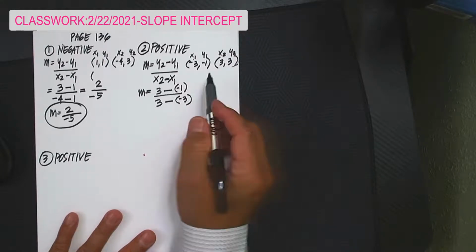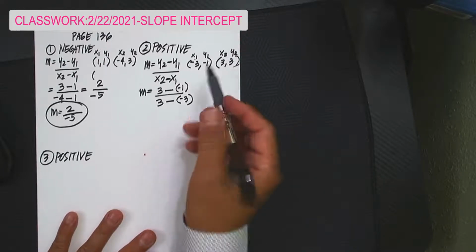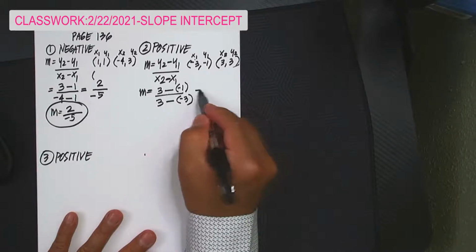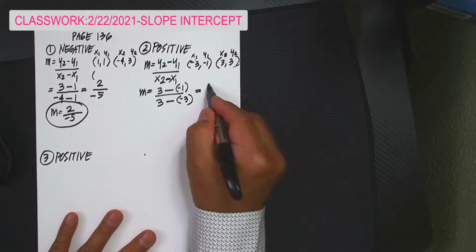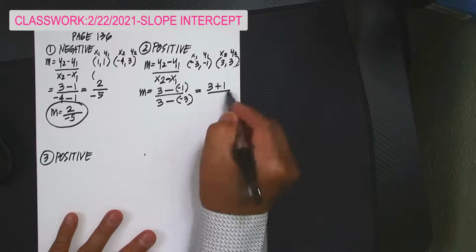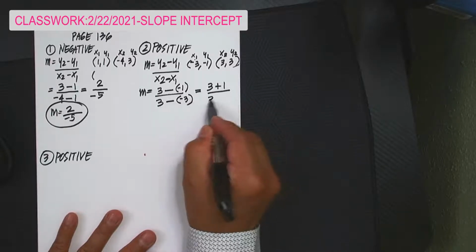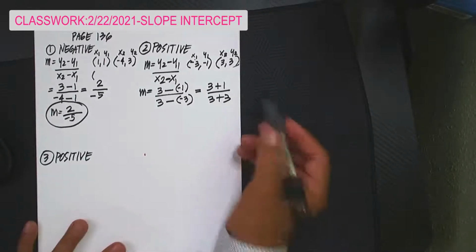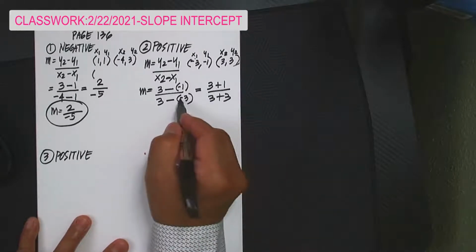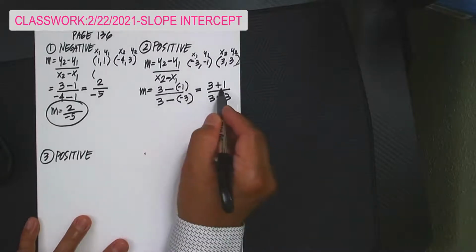Now, remember the rule in integers? If you see double negative, you have to change that to plus. So you ended up with 3 plus 1, and then double negative, so you have 3 plus 3. Remember that. If double negative, you have to change that to plus.